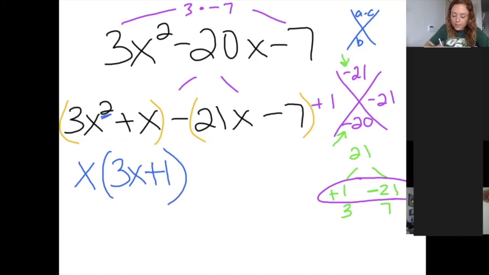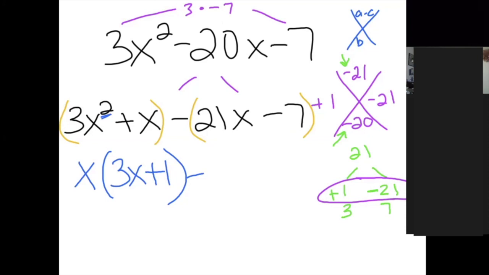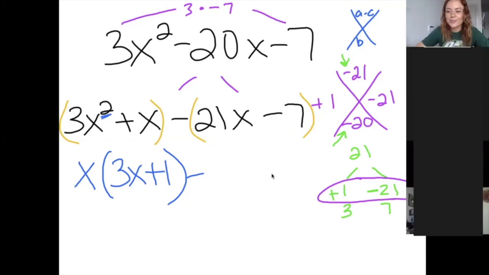All right, so then I'm gonna drop that negative, and then I need to decide the GCF of 21 and 7. What would their GCF be? Let's go ahead and use the chat.